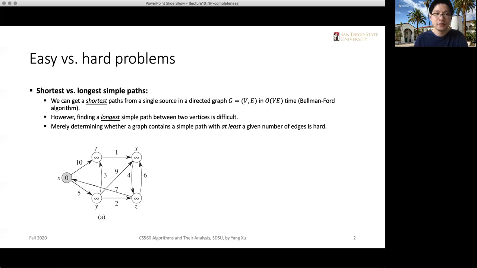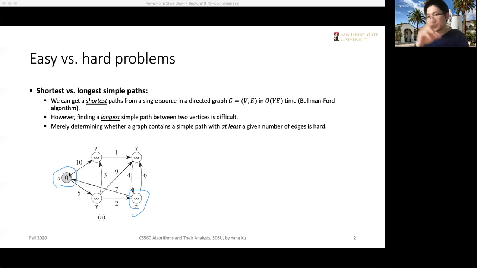Let's work a little bit on this simple example here. If you want to find the longest path between the source S and the destination, say Z, then we need to consider a lot of possible ways, right?